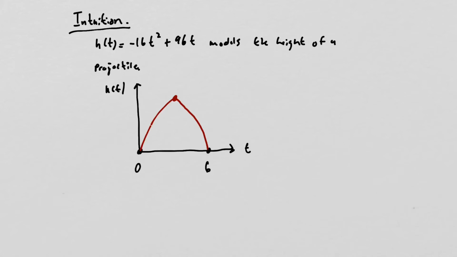So the first thing that we can take note of is that the flight of the projectile takes 6 seconds. Before our projectile reaches maximum height, the height of the projectile is growing in size.